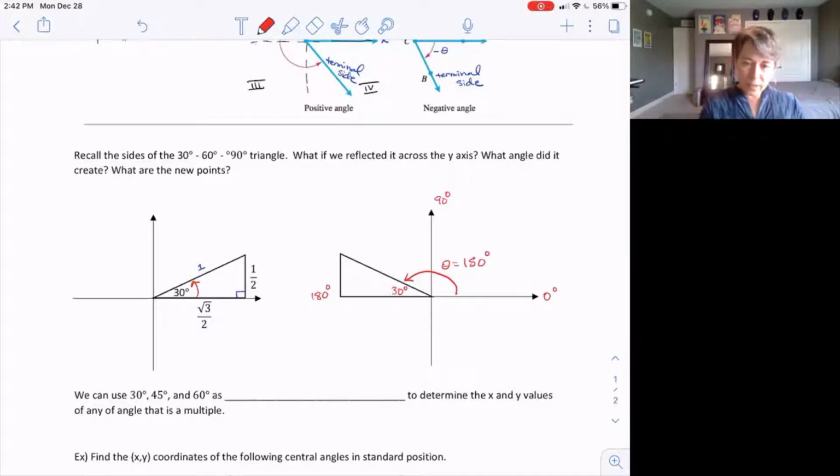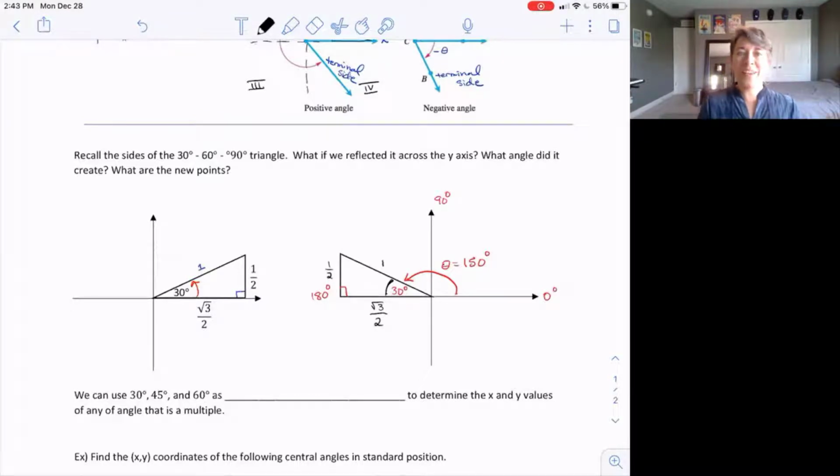But notice, if we rotated that terminal side, we can still create a right triangle here down towards the x-axis. That angle here, this 30 degrees, still gives us a ratio where our hypotenuse is 1, the opposite side is 1/2, and the x, the length of it, is still rad 3 over 2.